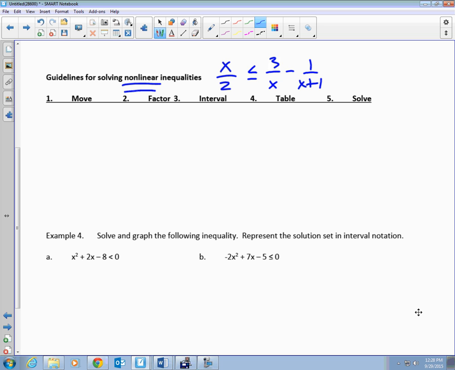First, move everything to one side, so set equal to 0. When we move everything to one side, we set it equal to 0, and we're going to make one fraction.